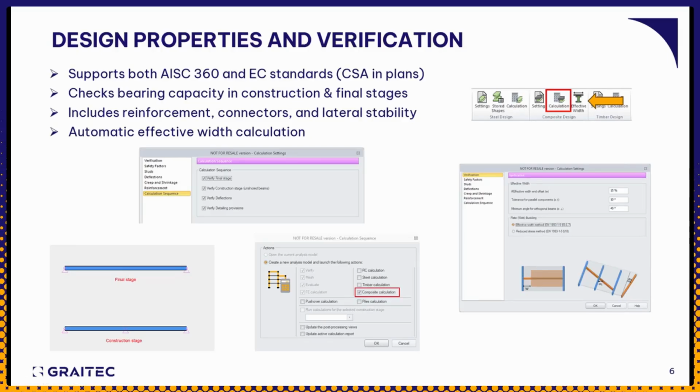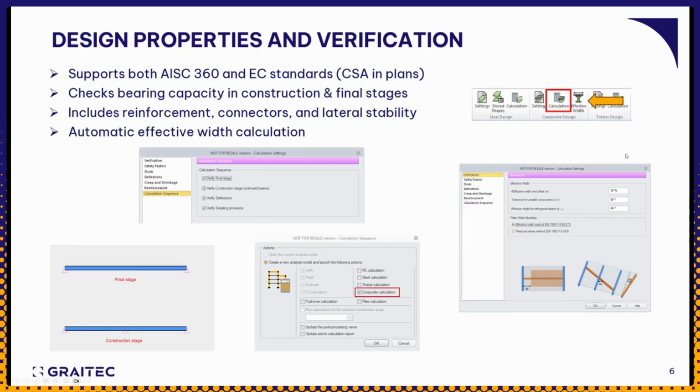When you go to the options here, like composite design, you will see the settings option. If you click the settings, that is the place where you can define all of those properties and stages. Other properties can be modified either for North American codes or Eurocodes, and you can define specific parameters for your projects there.